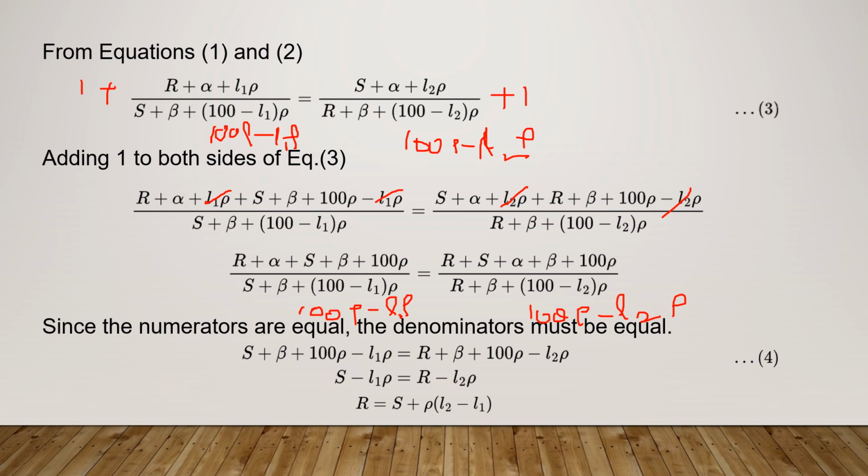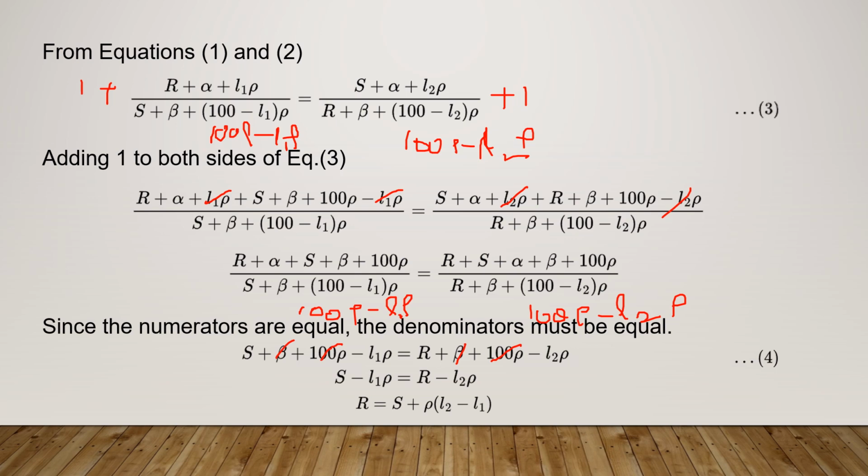Here 100 rho cancels, beta beta cancels. So here S minus L1 rho equal to R minus L2 rho.